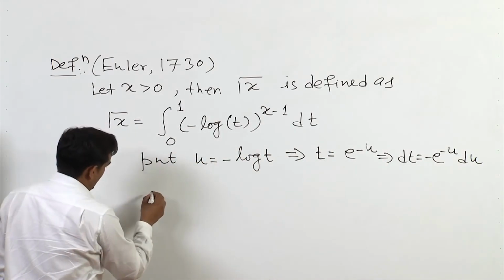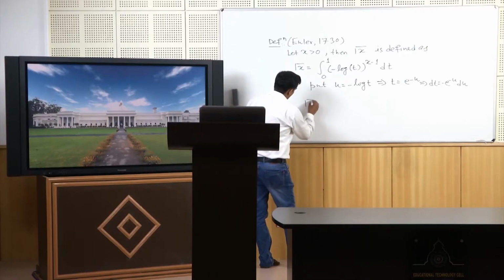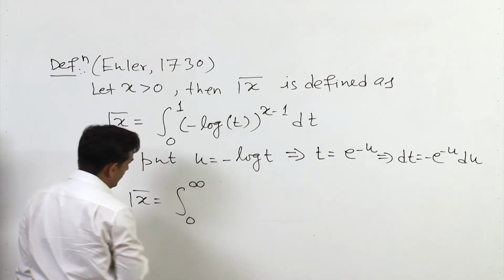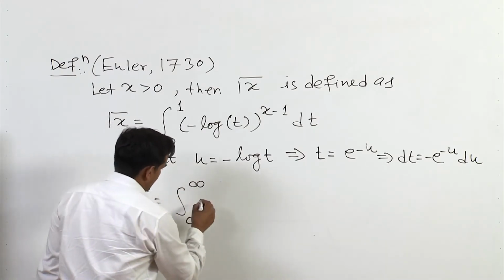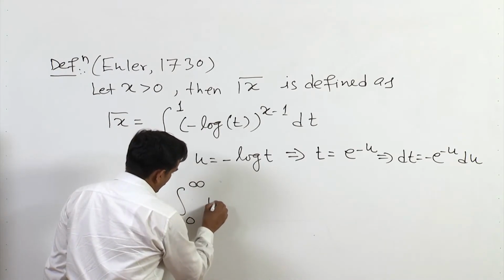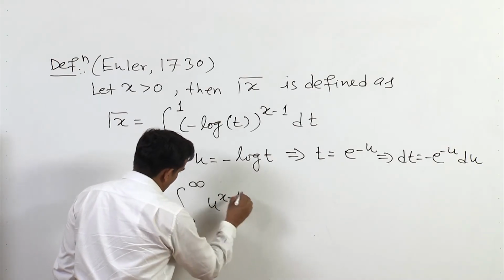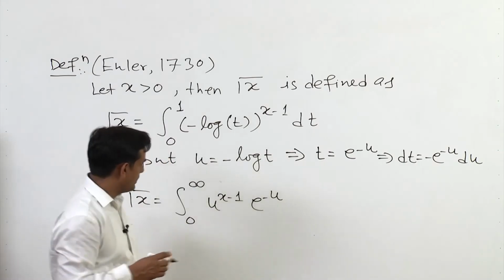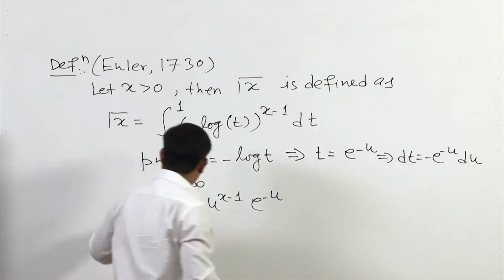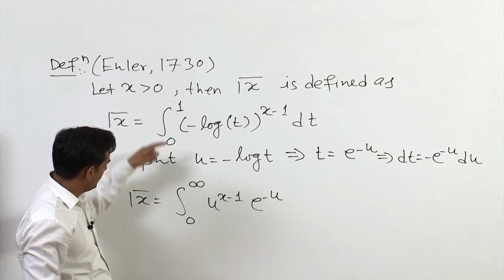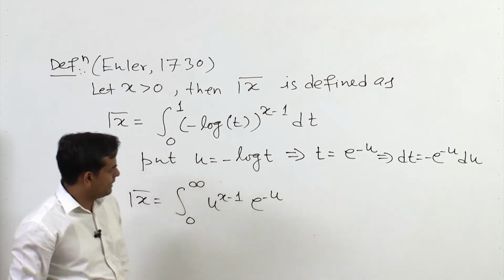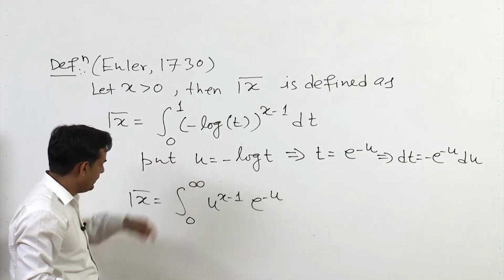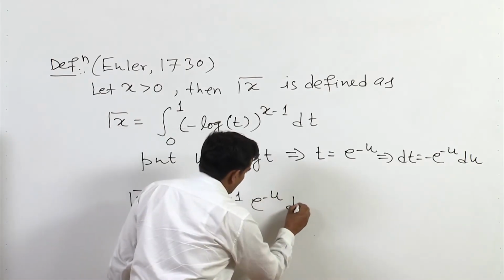If I put it here, then gamma x will be the integral from 0 to infinity of u raised to power x minus 1 into e raised to power minus u du. The limits change from 0 to 1 into infinity to 0, and since I have a minus here, it becomes 0 to infinity.